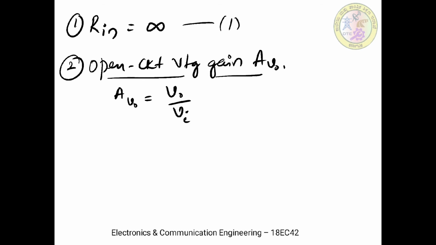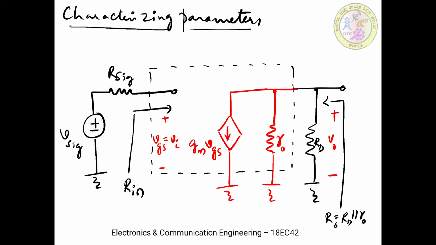In the equivalent circuit, just concentrate on the output part. What is the expression for V0? The output voltage V0 is equal to I into R. I is nothing but Gm into VGS, that is this dependent current source. R is nothing but the parallel combination of R0 and RD.